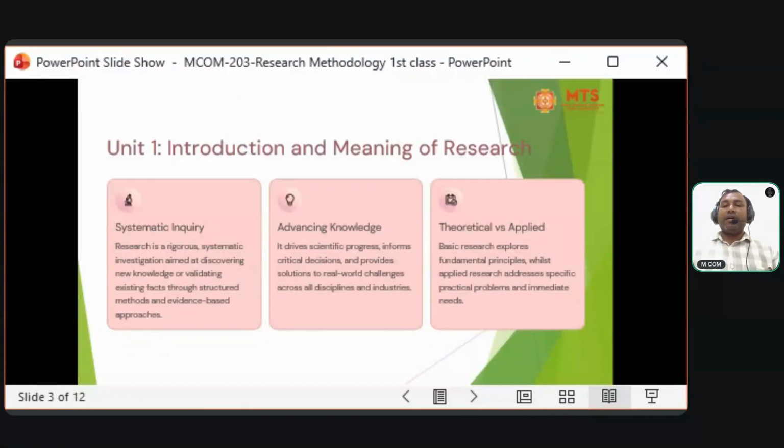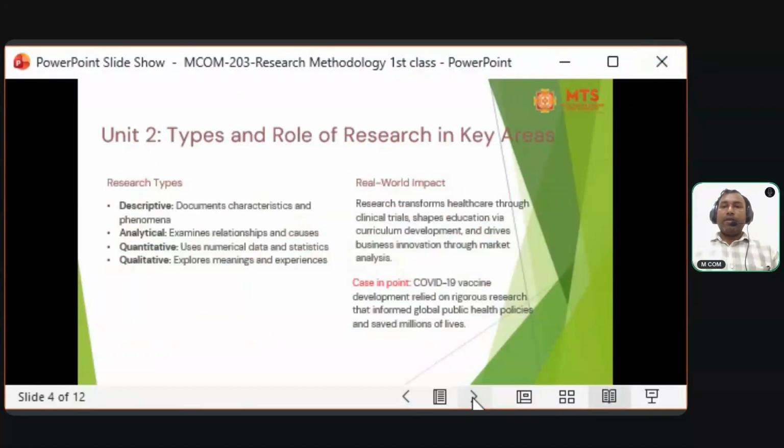So there are some types and roles of research in key areas. What are the research types? Descriptive, analytical, quantitative, qualitative.